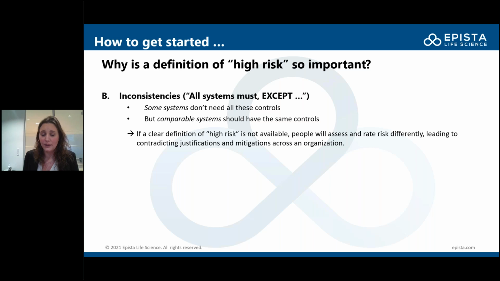Ultimately, that can lead to different departments, sites, or organizations in your company treating the same equipment, or the same data integrity risk, in different ways. That can become troublesome if you have an inspector going through several of those departments, organizations, or sites and seeing, well, here you're doing it differently than at the other place.